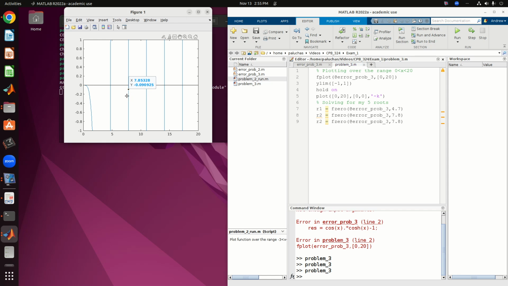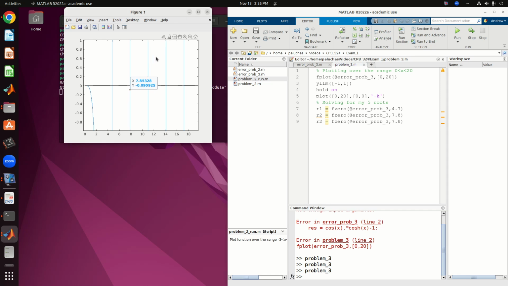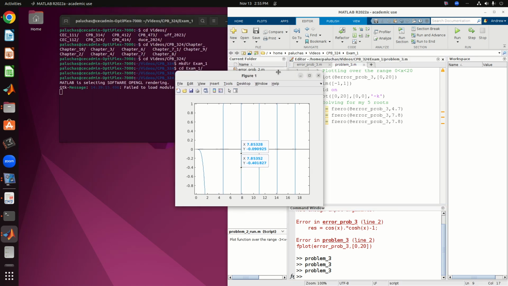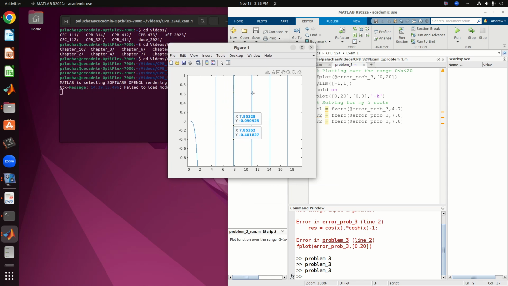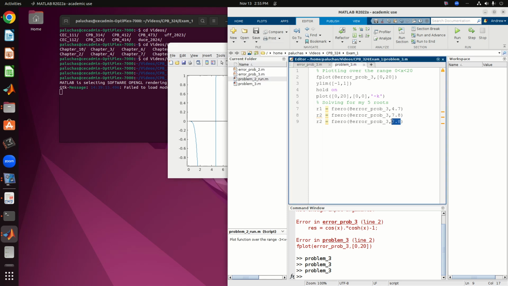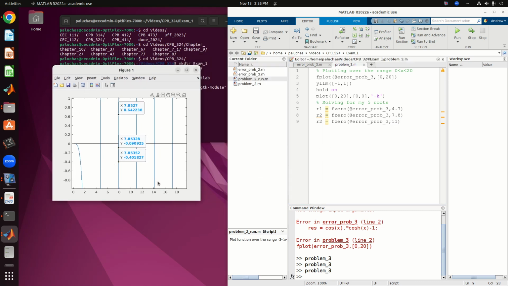It doesn't seem to want to let me off that one point. I'm not sure what's going on, but I can guesstimate from here. This next one I'll put at like 11. Then this one's at about 14.